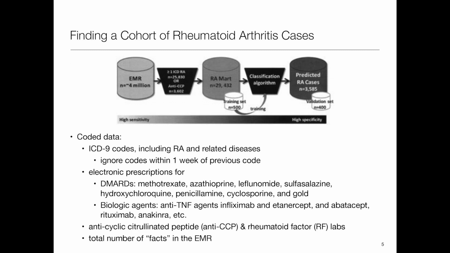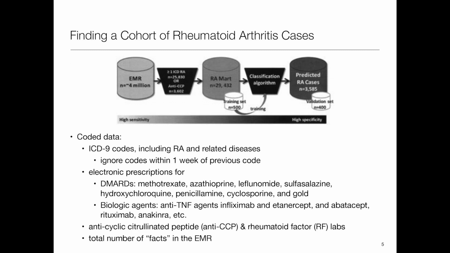We dealt with this multiple coding by ignoring codes that happened within a week of each other, so that we didn't get this problem of multiple bills from the same visit. And then we looked for electronic prescriptions of various sorts. We looked for lab tests, mainly RF, rheumatoid factor, and anti-cyclic citrullinated peptide, if I pronounced that correctly.